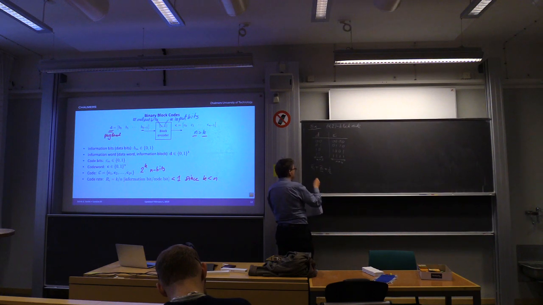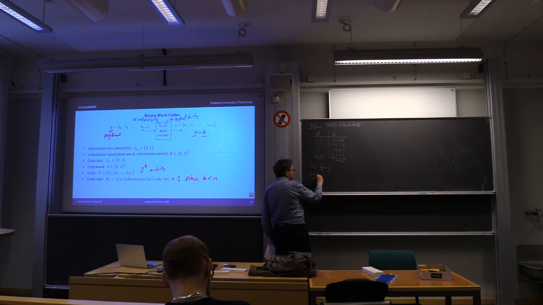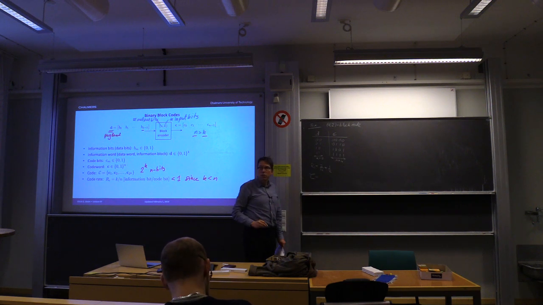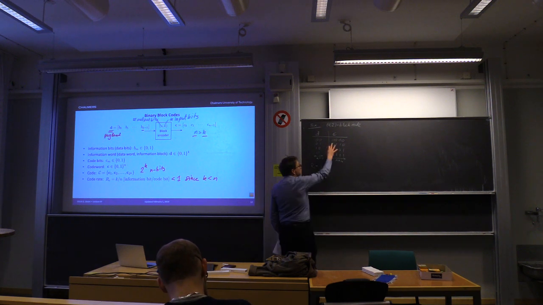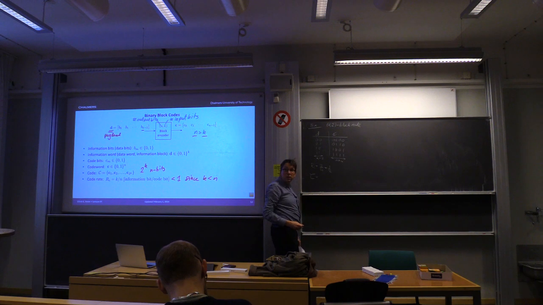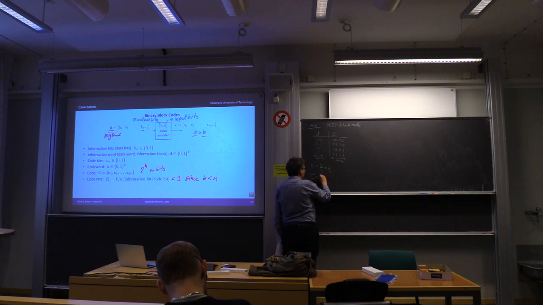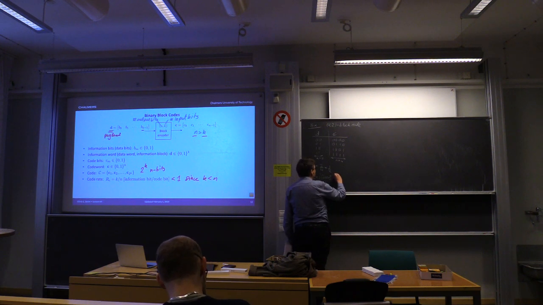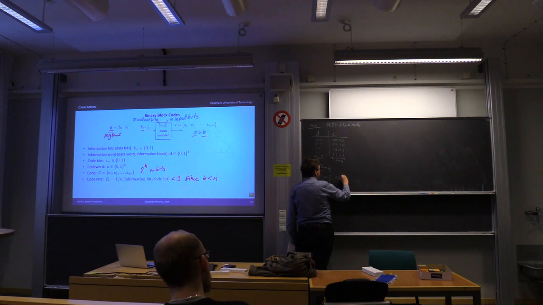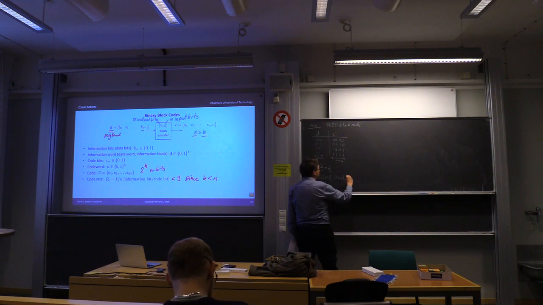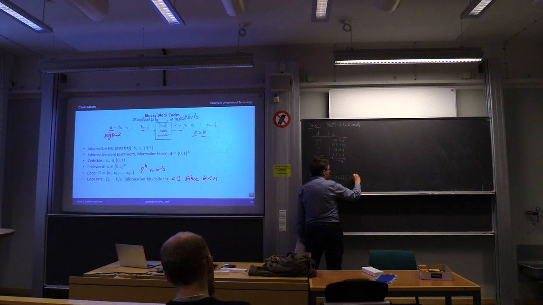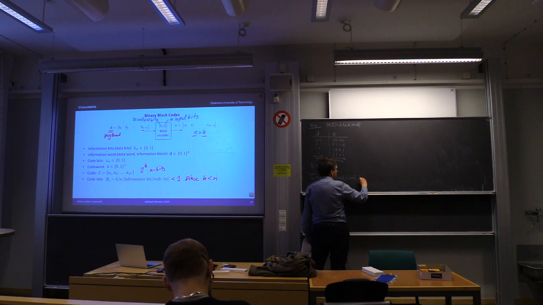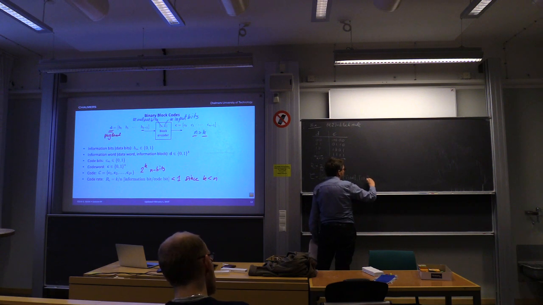And if we would like to look at the code, curly C, it's the set of all possible code words, which are the patterns on the right-hand side of the table here. So the code consists of 0000 as the first code word. The second code word is 0110. The third one is 1001. And the fourth one is 1111.